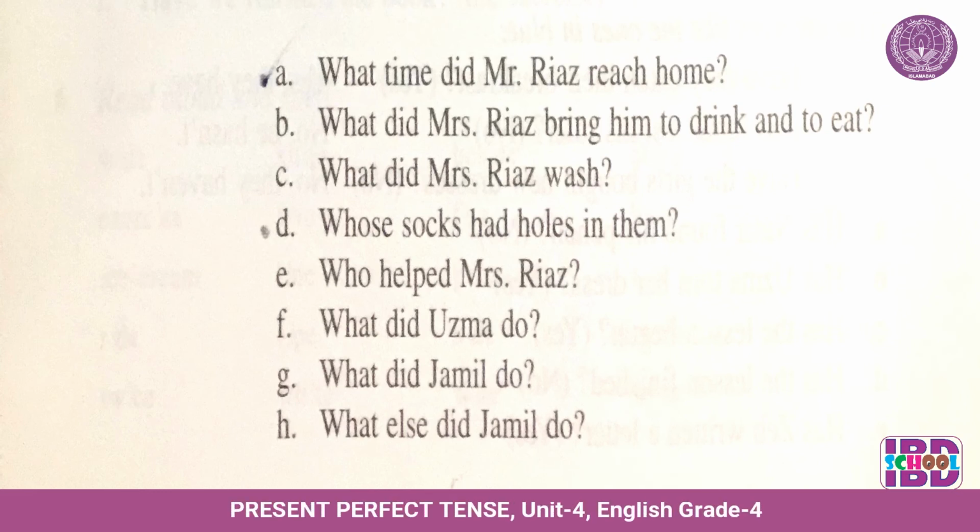Mrs. Riaz brought him a cup of tea to drink and some cakes to eat. Question C. What did Mrs. Riaz wash? The answer is Mrs. Riaz washed some clothes. Question D. Whose socks had holes in them? Answer. Mr. Riaz and Jamil's socks had holes in them.